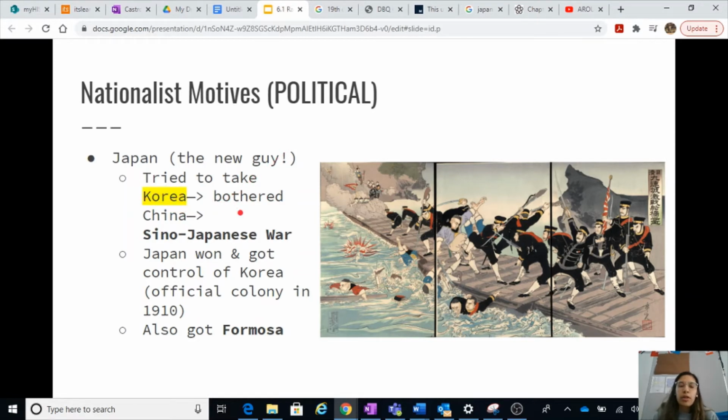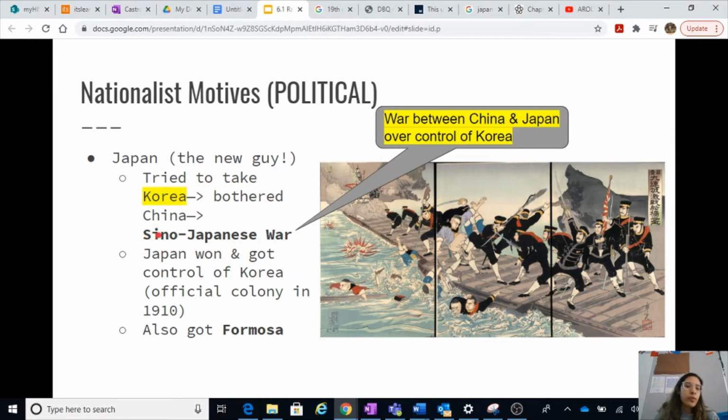And this is going to bother China because Korea has traditionally been a protectorate or a tributary state of China, and this is going to cause the Sino-Japanese War. So Sino always refers to China. So the Sino-Japanese War is the war between China and Japan, and it's going to be mostly over control of Korea.